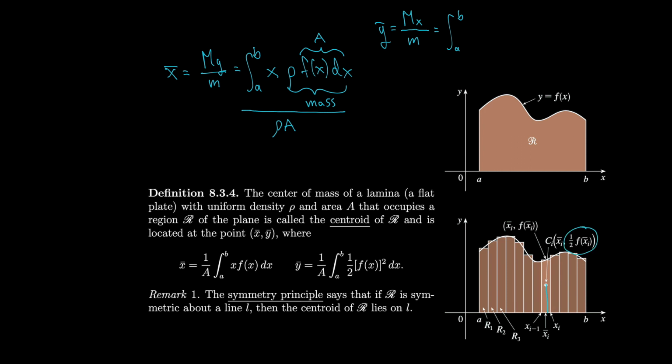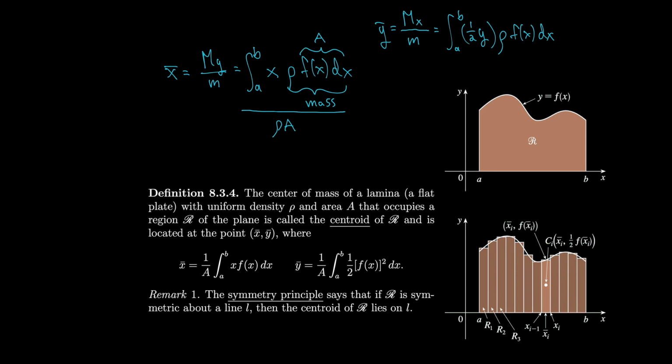Because I want the distance from the center of mass for this little cutout that I'm going to stack up. So that means that I need to make sure to multiply by my distance, half of y. And then again, the mass is rho times f of x dx, the area is f of x dx.